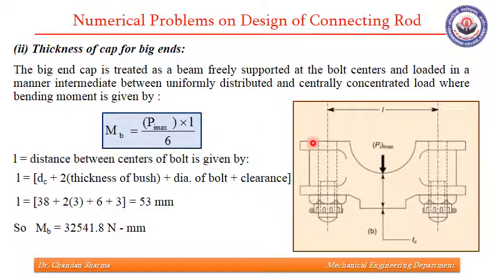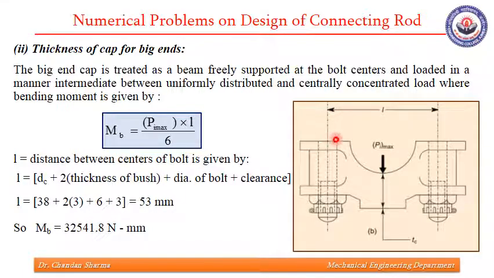We can find this L from this formula, where DC is diameter of crank pin, which is given to us as 38 mm, plus thickness of bush, 3 mm bush over here and 3 mm bush over here. So twice thickness of bush plus diameter of bolt.